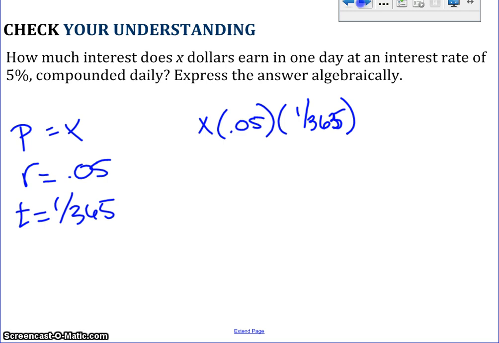And when I multiply that through, I get 0.1369 times X. If I wanted to round that, I could probably say here 0.14X algebraically.